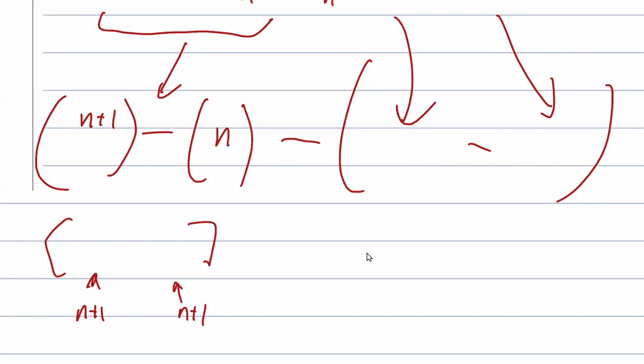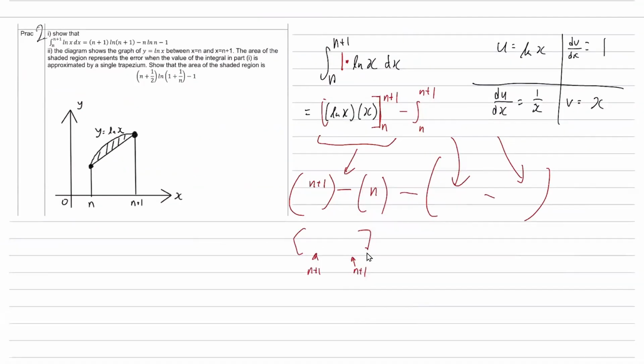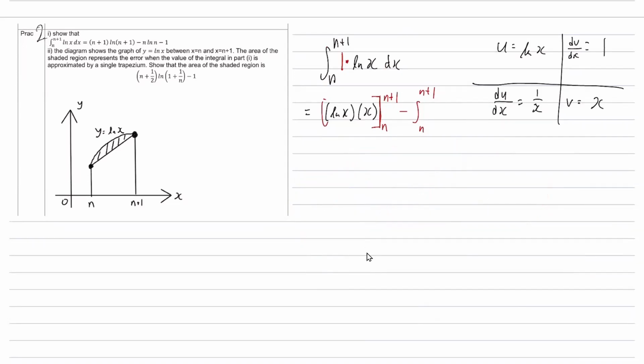Let me just double check. The second last line is good. Let me check the last line. Minus n plus 1, then minus n plus n. Okay, cancel off, and minus 1, minus n. Okay, good, perfect. Your part 1 is okay. Moving on, part 2, go. Part 1 is perfect. Try part 2.